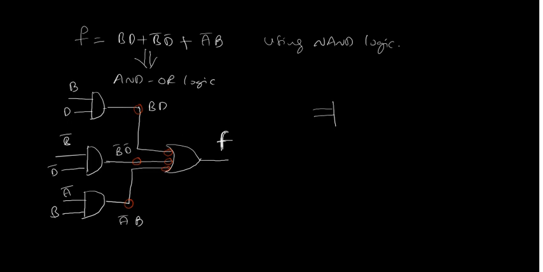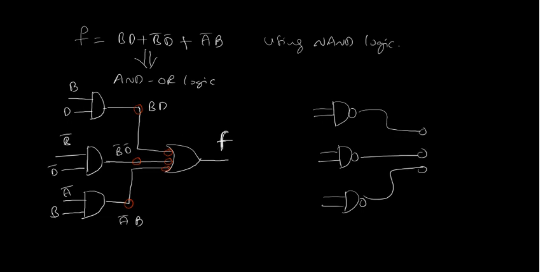So if I redraw, I am considering bubble towards AND gate, and this will be given to the OR gate, and this is F, right? B, D, B bar, D bar, A bar, B. So what we have done, just we have an input line, one line is there.